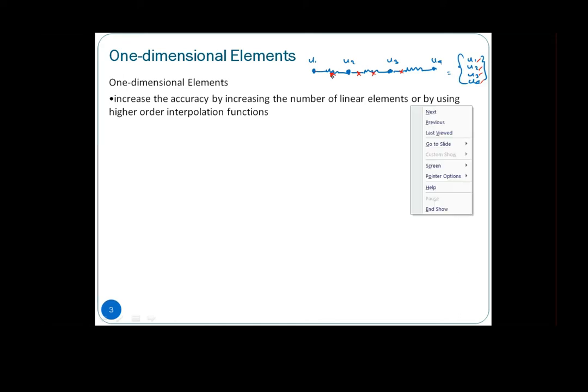I can have a node here, here, and here. Then we have more nodes, meaning more elements. Then we can determine that U, solving a higher degree of that matrix, and we can get the deformation at those particular nodes.